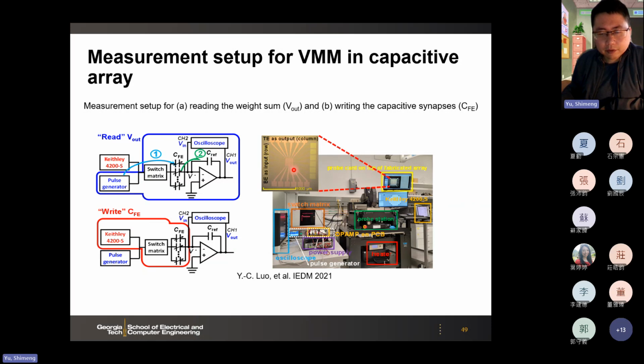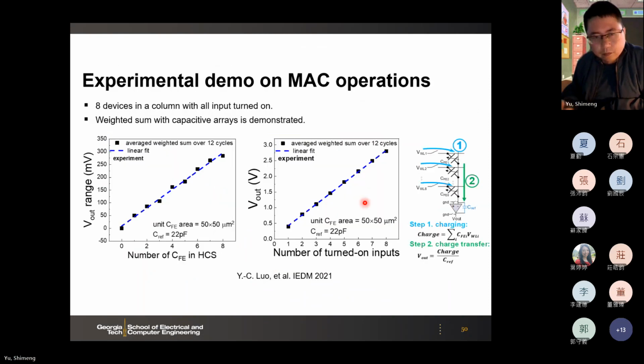Since we do not have the peripheral circuits like the op amp from the university clean room, what we did is to have this crossbar array with the probe card system, and then we have other peripheral circuits like op amp, CREF on the PCB board, on the board level with discrete components, and then with the instrument you can measure the entire operation. And for this, the two-phase operation, charge up and the charge transfer in the entire system. So here we demonstrated the operation.